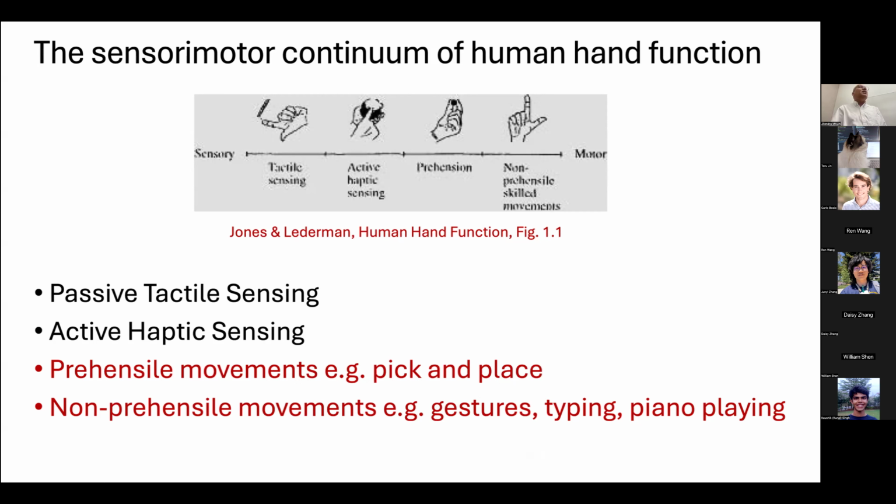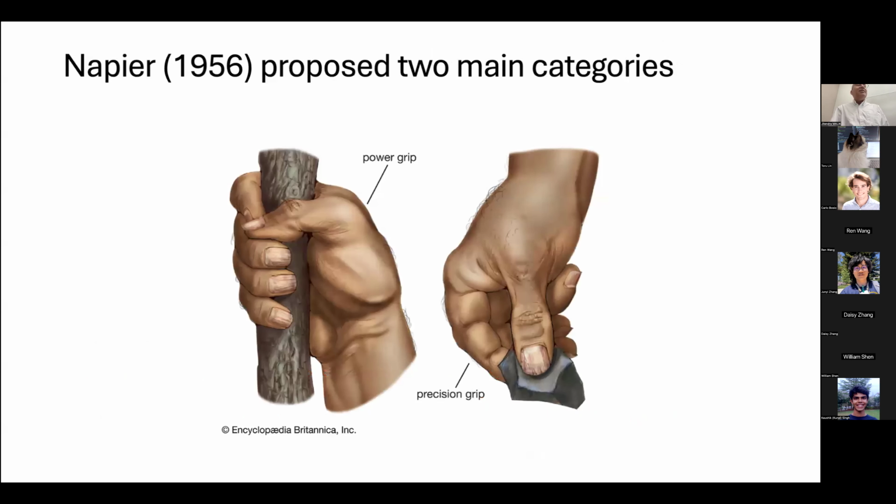We can distinguish between what are called prehensile movements and non-prehensile movements. Prehensile refers to grasping, basically. The word just means grasping. There's a classic paper on this from Napier in 1956. Actually, there was someone called Schlesinger in Germany who wrote some papers in the 20s on this.